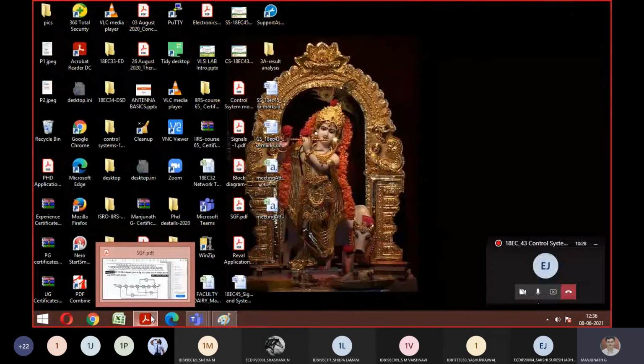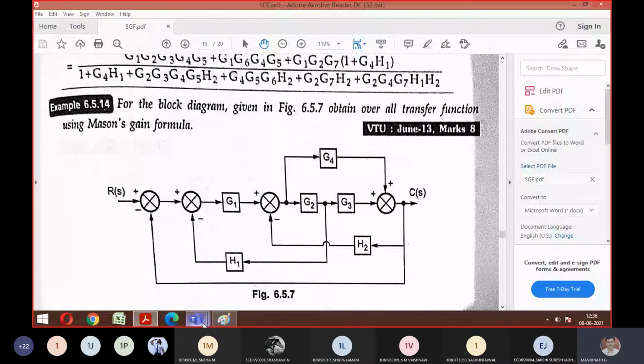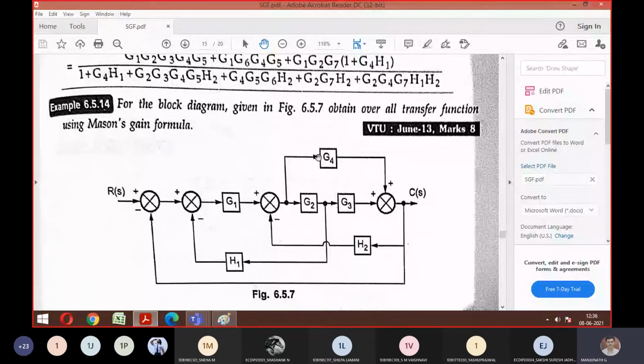Is this PDF visible? Yes, sir. Okay, fine. So all complete signal flow graph.